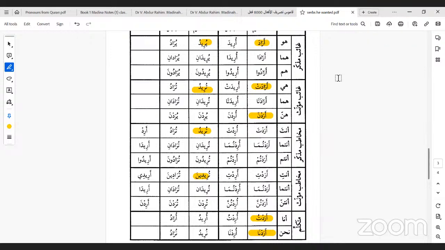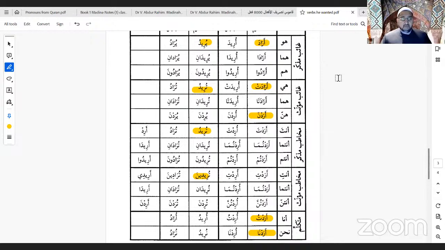Anta aqamta. Antuma aqamtuma. Antum aqamtum. Anti aqamti. Antuma aqamtuma. Antunna aqamtunna. Ana aqamtu. Nahnu aqamna. MashaAllah. Thank you. Was that good?